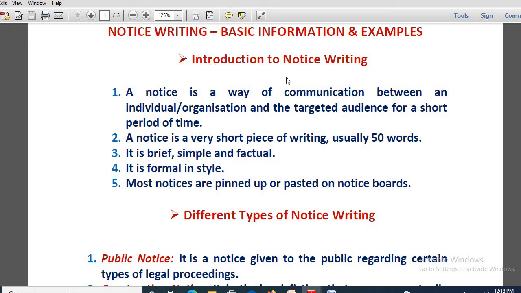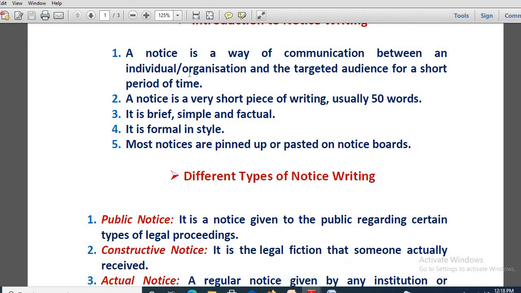See, introduction to notice writing. First of all, it is a way of communication between an individual or organization and obviously the targeted audience for a short period of time.